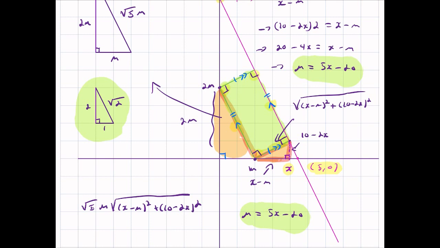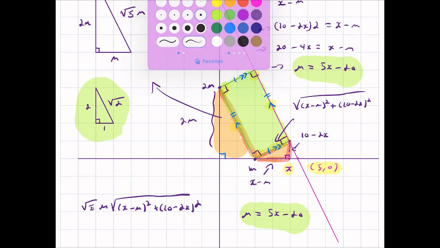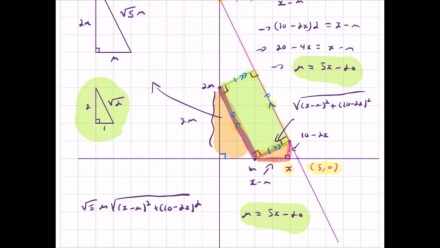If this seems weird, I encourage everyone to go on Desmos and see which kind of rectangles you can put in. Draw different parallel lines like this, graph the line y is equal to 10 minus 2x, put in different parallel lines, see which rectangles they make, and see if you can actually get the x to be less than 4. See what happens if you make it equal to 4. Why is this actually okay?